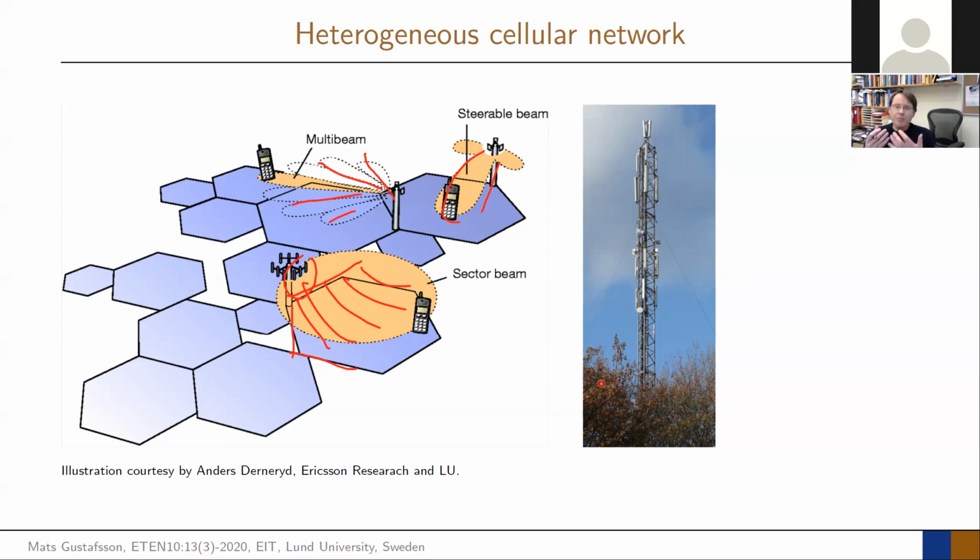And this adaptive version of arrays and base station arrays is really what's coming in 5G, where you should get a much more directive radiation to the user that you would like to communicate with. And you can do this both in space and basically in time. That's what you would like to do with newer systems. I see there is one question. I'll come back to that very soon.